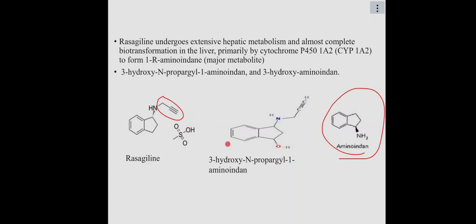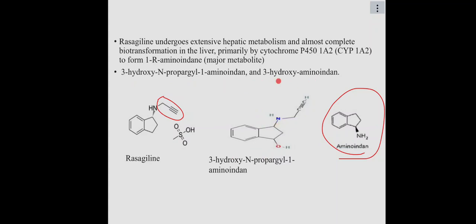So that's another product, which is 3-hydroxy-N-propargyl-1-aminoindane. So you can also get 3-hydroxy-N-propargyl-1-aminoindane and 3-hydroxy-aminoindane.